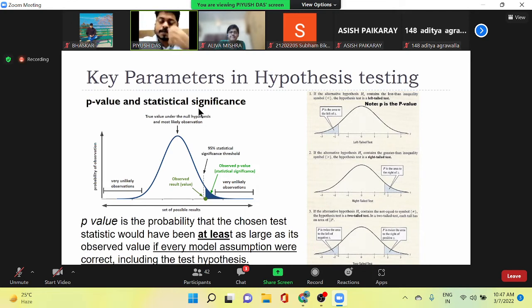Because if you believe that your average salary package is less than or equal to 20 lakhs, and you are getting a probability of the null hypothesis being true of 2% only, 3% only, which is very small, then you might say that it is greater than 20 lakhs. Yes or no? Yes, sir. So when you talk about the probability, it is about the probability of the null hypothesis being true, given whatever data you are collecting.